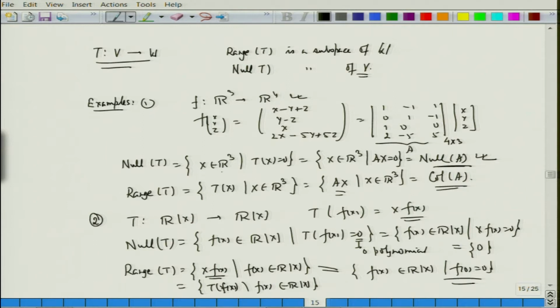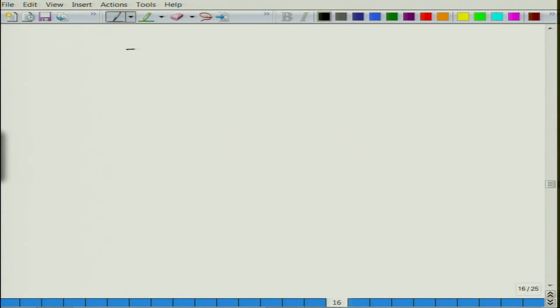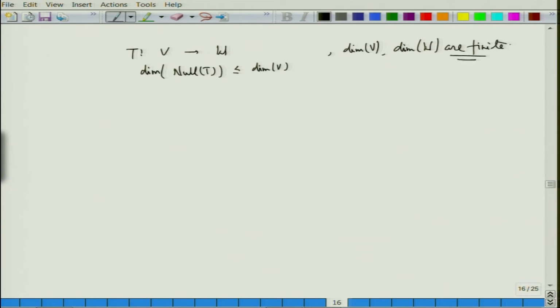Now let me prove this very important result. I would also like you to understand this, which I had said but did not write down: if T is from V to W, then the dimension of the null space of T is less than or equal to the dimension of V. I am assuming that the dimensions of V and W are finite, and therefore I can talk of these things.